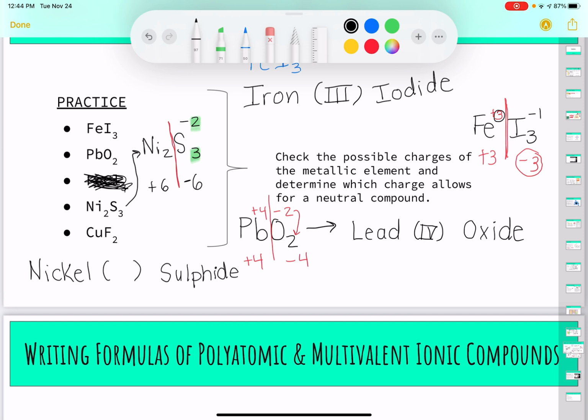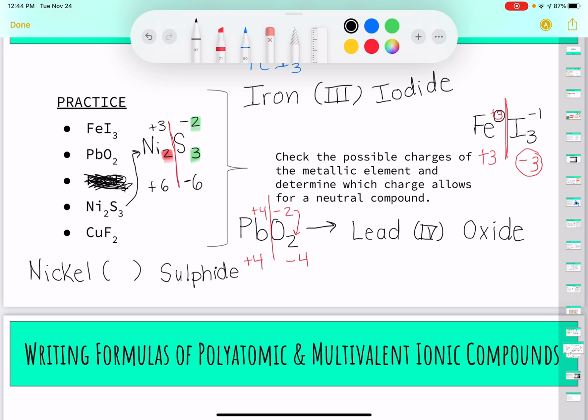That whole side has to be +6, but there are 2 nickels there. So if there are 2 nickels, that means 2 times what? I guess we need to think. 2 times what gives us 6? So this is our 2 times something up here, which will give us 6.